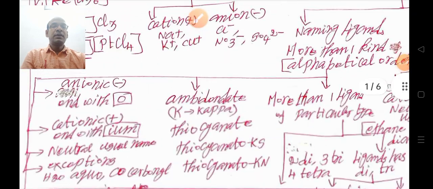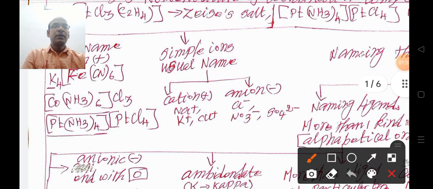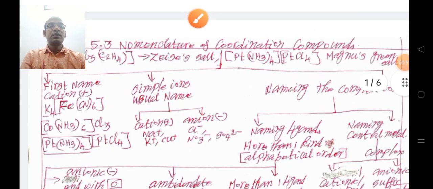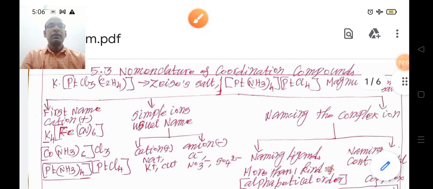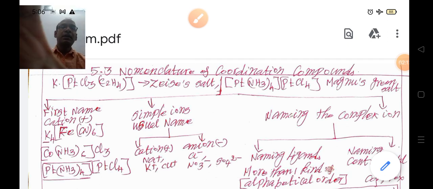Using these simple points, we write the IUPAC name. Initially, the name was based on the discoverer's name.